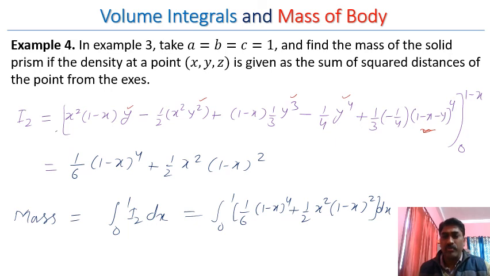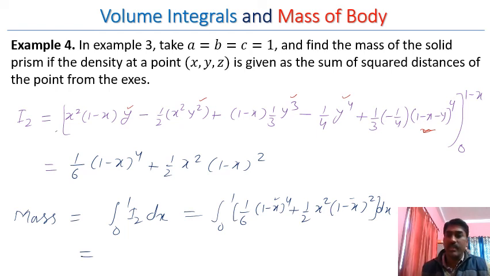I hope we have done a lot of integration, so you can integrate it very easily. If you are unable to integrate directly, just open the fourth power and open this, and after opening all the terms you can integrate easily.